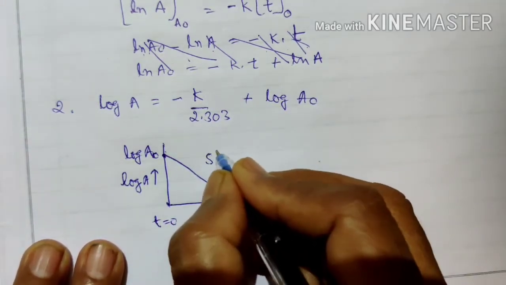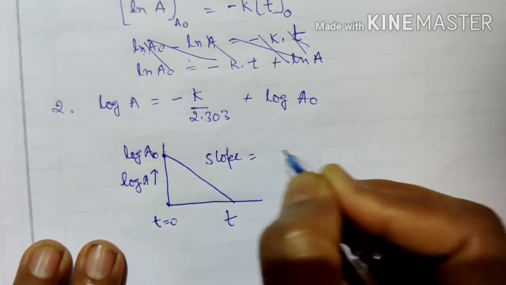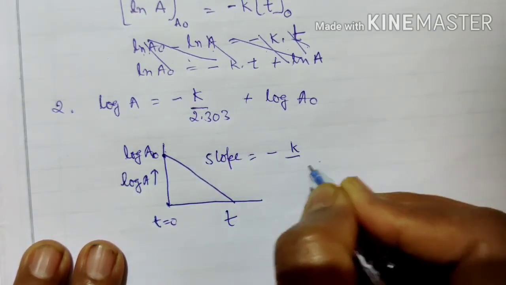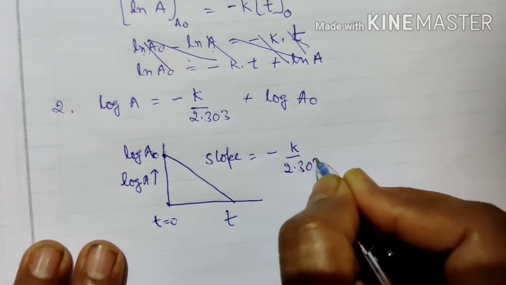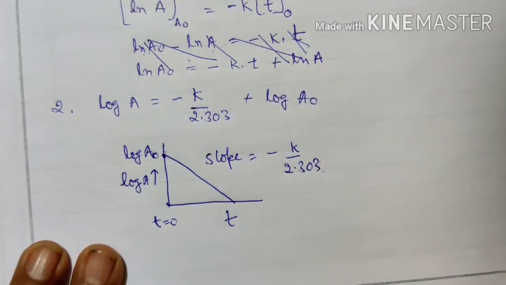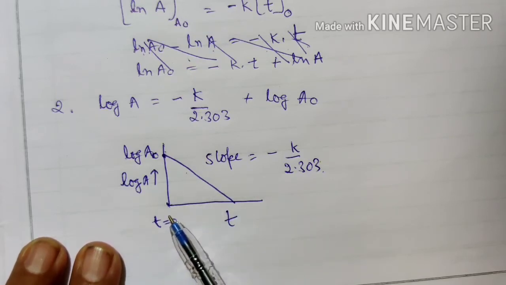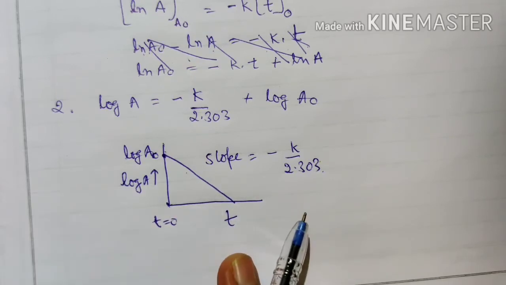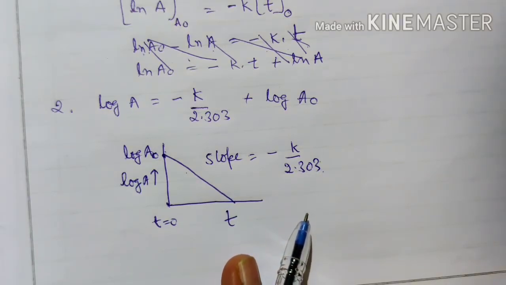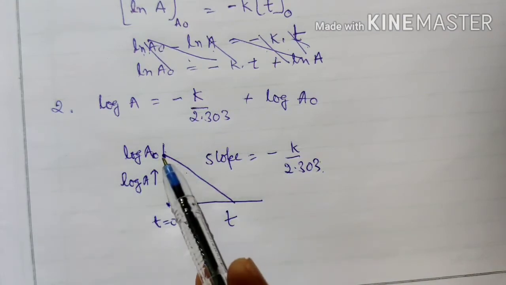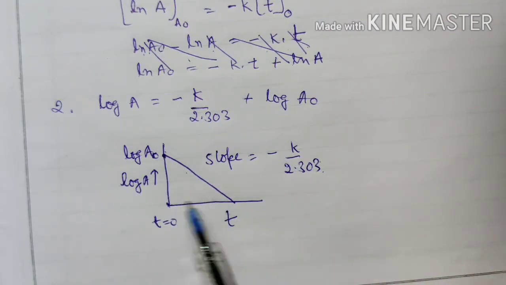And now the slope of the line is equal to minus k upon 2.303. This graph is given in your book also. So this is the representation of the first order reaction. Now this graph is plotted between log A versus t.